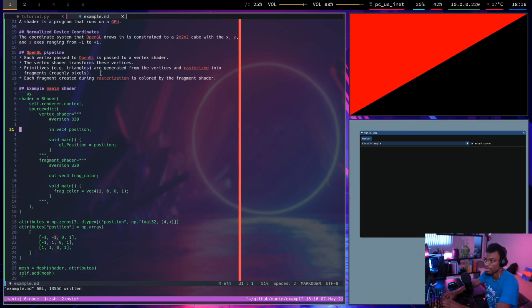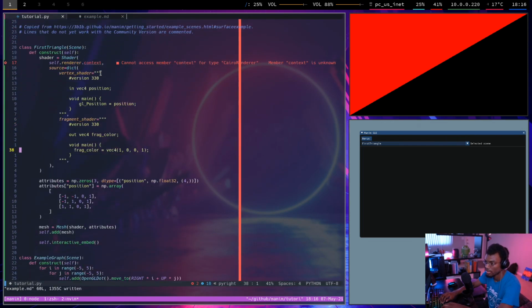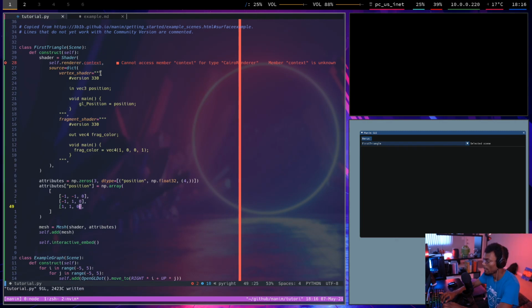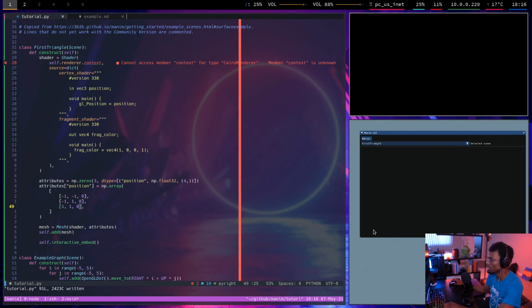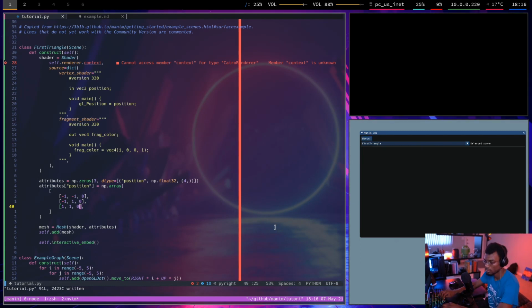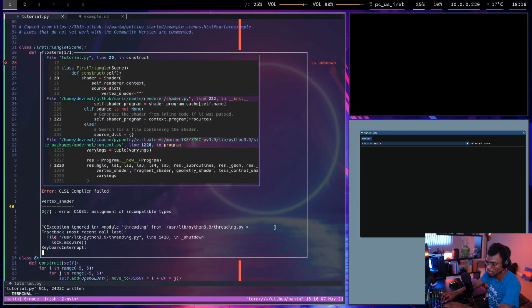I wonder if it's possible to render this using three-dimensional coordinates. Not totally sure if this will work. And I guess it didn't. Assignment of incompatible types.